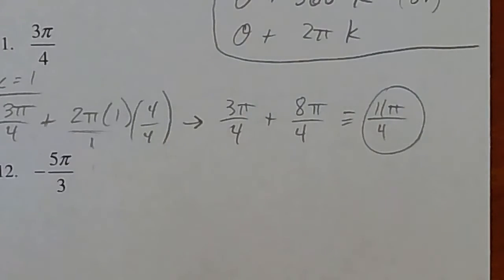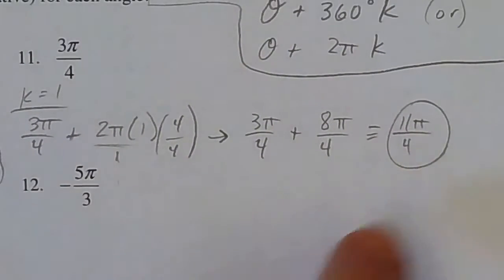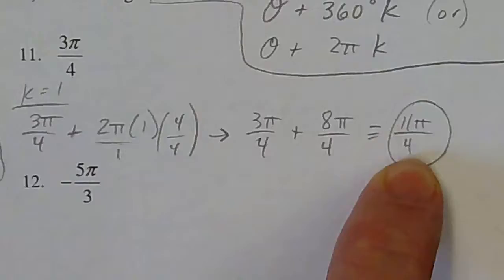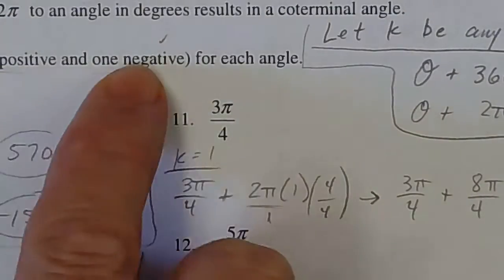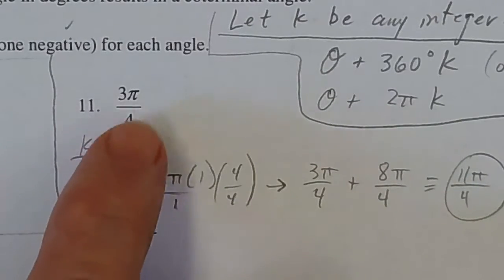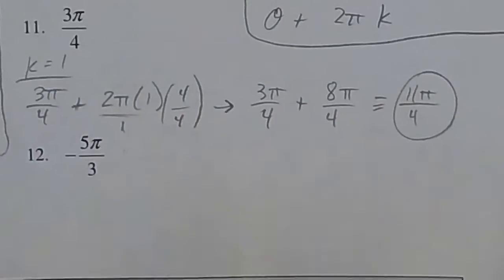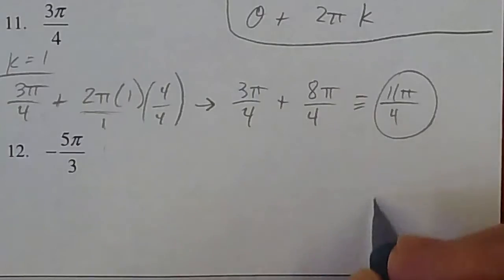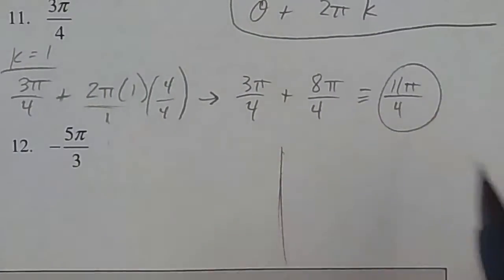Okay? So there's one positive coterminal angle. I've got that. To get a negative one, it makes sense that I probably got to use a negative K value. I got to make this number decrease. All right, so I'm just going to try to squeeze it over here. Leave some room for 12.